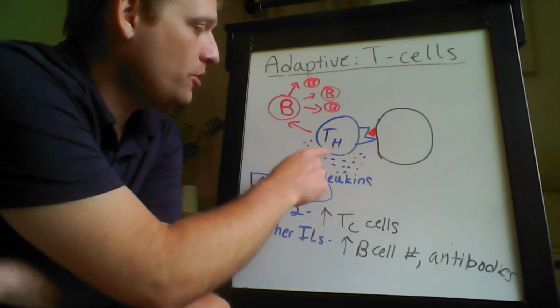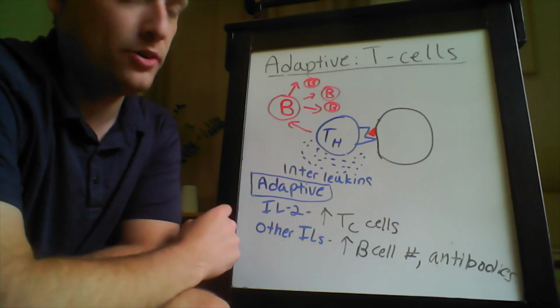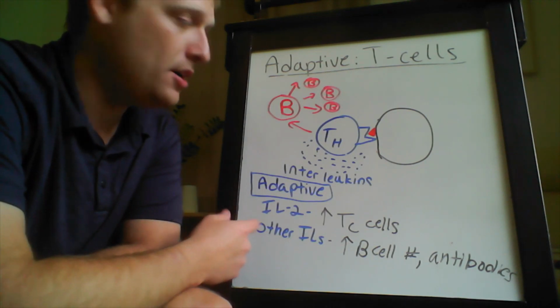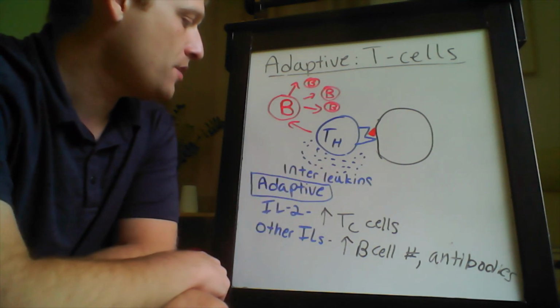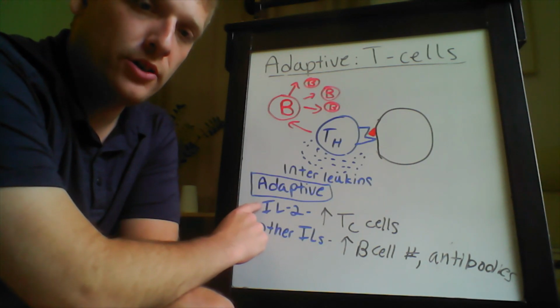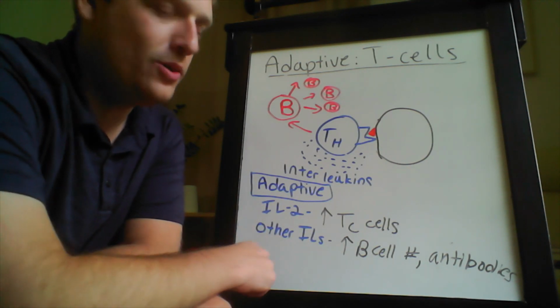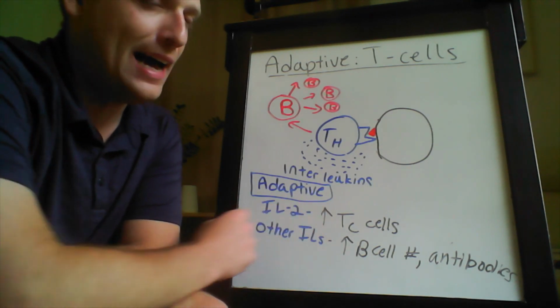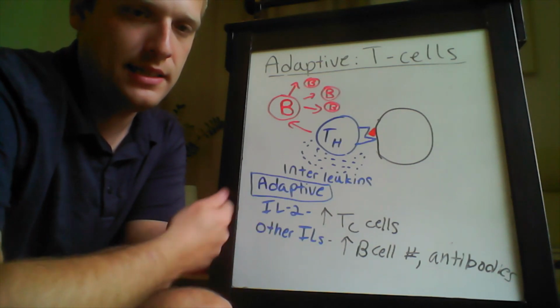Now, it's also going to have effects on the adaptive immune system through interleukins. One in particular, interleukin 2, is going to increase the number and activity of cytotoxic T cells.